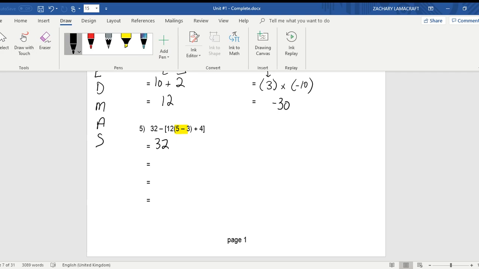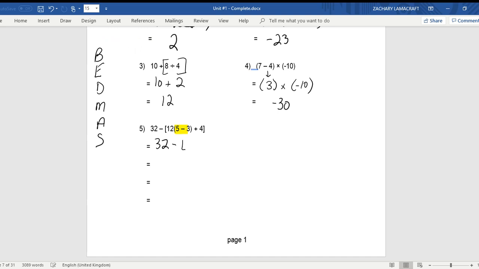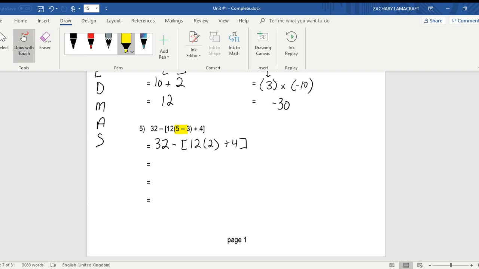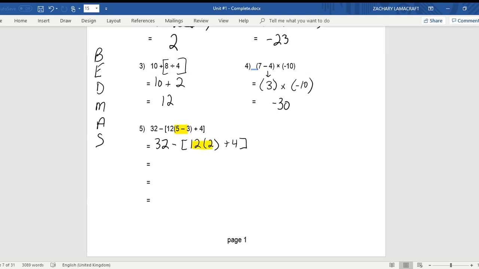So if I write that out, it will be 32 minus 12, and then 5 minus 3 being 2, plus 4, end bracket. And then our next step, since we've dealt with that one bracket, is we have to deal with this inside the bracket. Since that's multiplication, it would then be 32 subtract 12 times 2 is 24 plus 4.